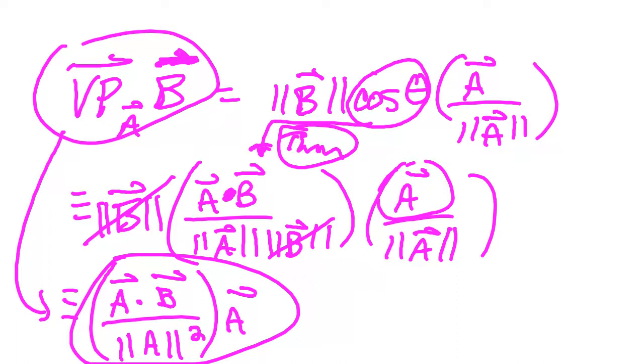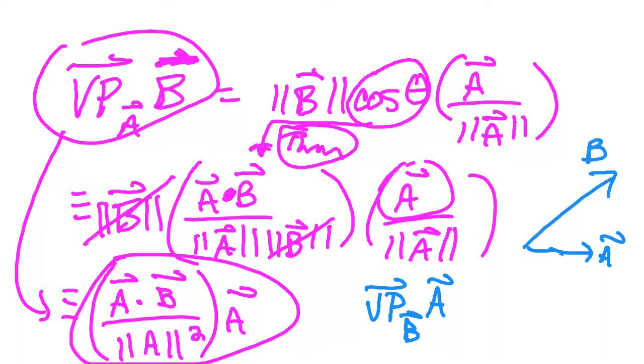So let's just note that if I had the vector projection of A vector onto B vector, and if I'm drawing that, if here's A vector and there's B vector, then basically I'm coming up here, right, and this is the vector projection right there.